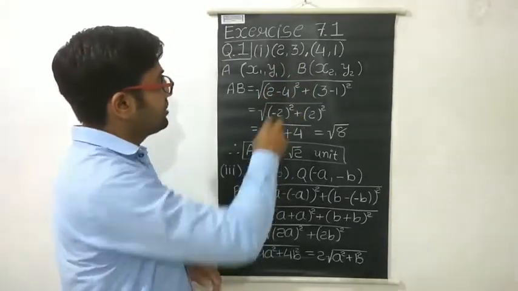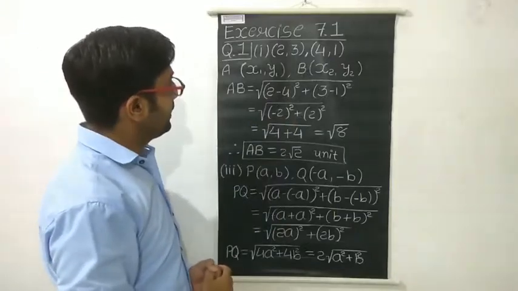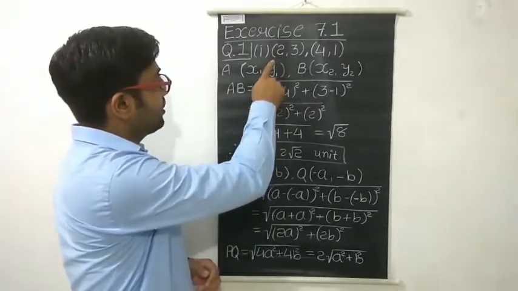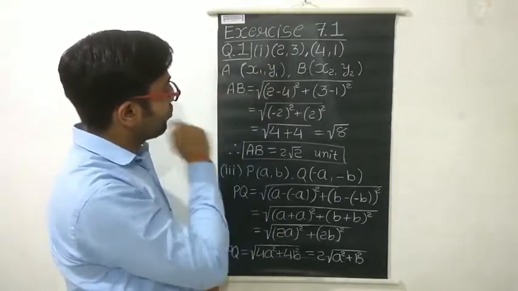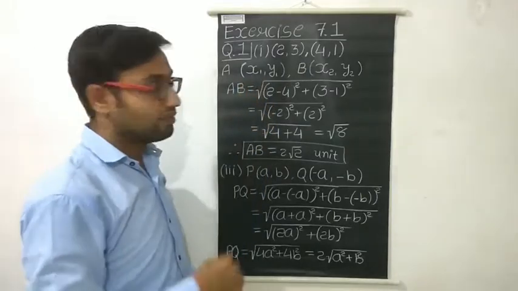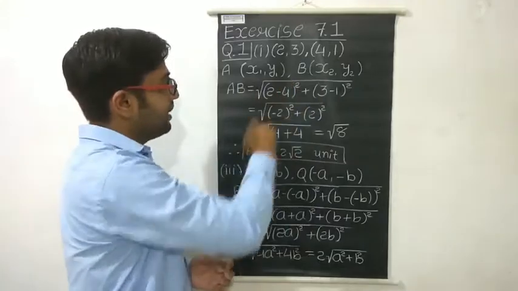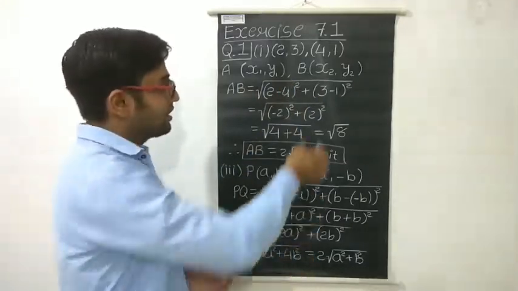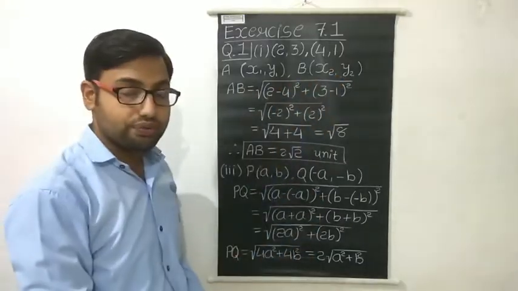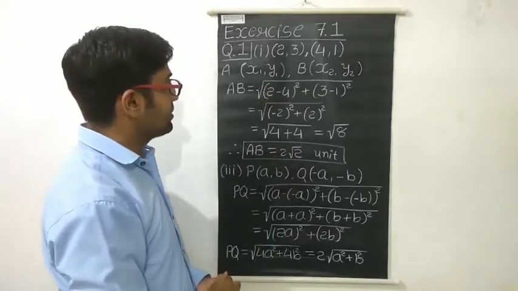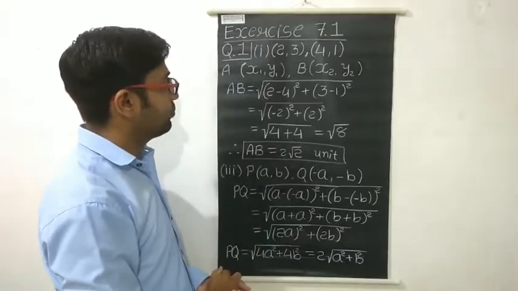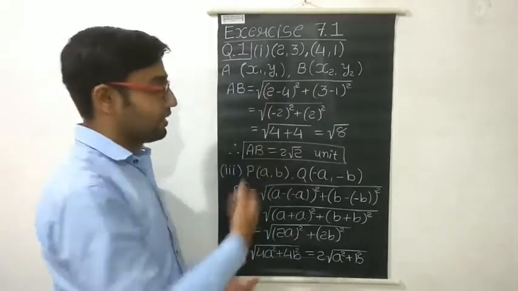So to find the distance between these 2 points, let us give them names. The first point is suppose A and its coordinate is (x1, y1). In the same way, the second point, let us call it point B and it has the coordinate, let's suppose, (x2, y2). So according to the distance formula, we have to put the values of the coordinates.